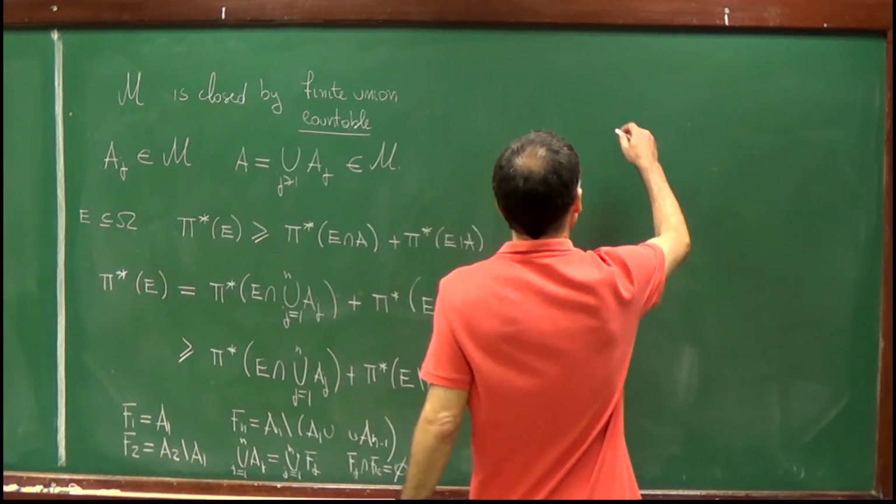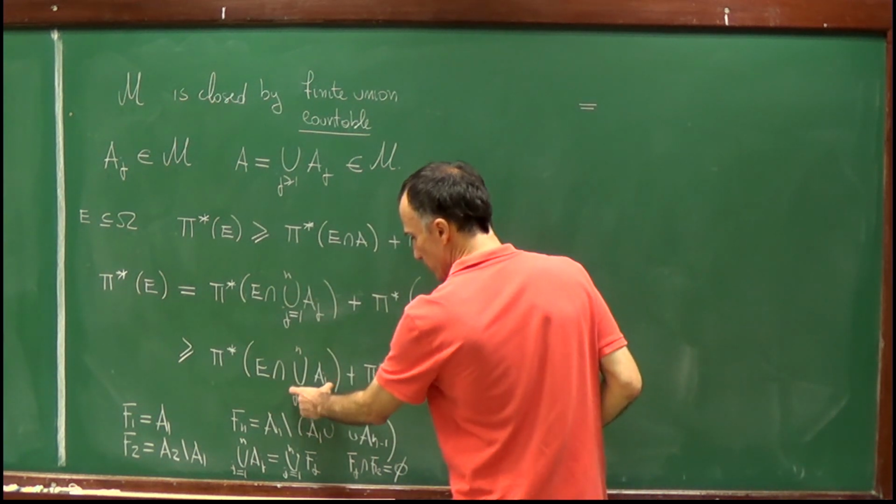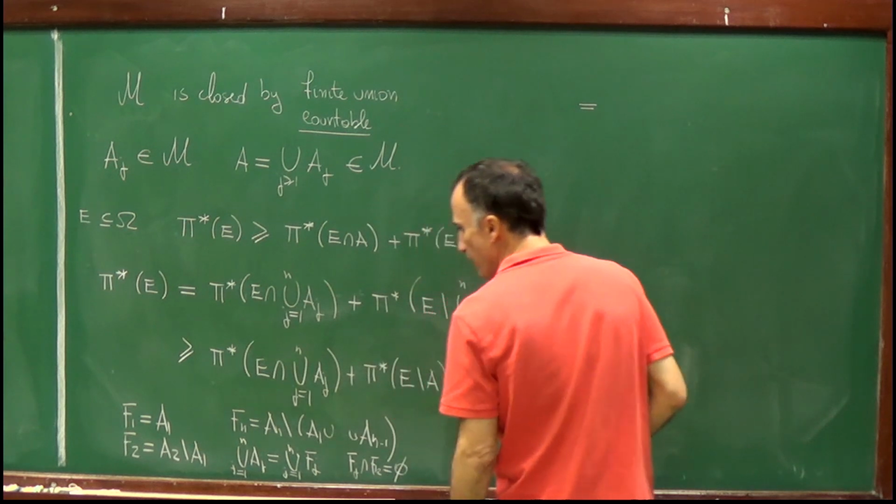Therefore, what we have up to now is that I can replace this union by the union of Fj.